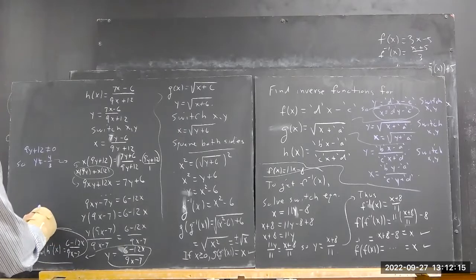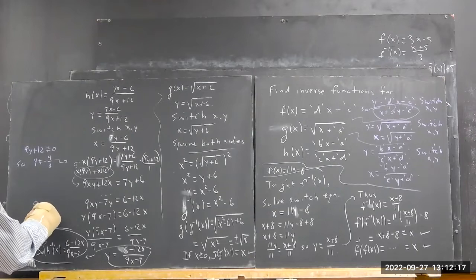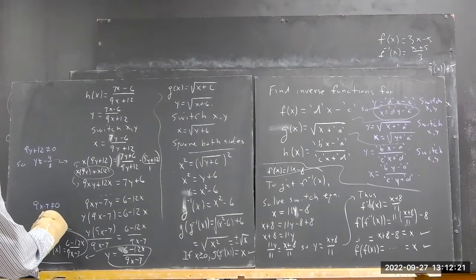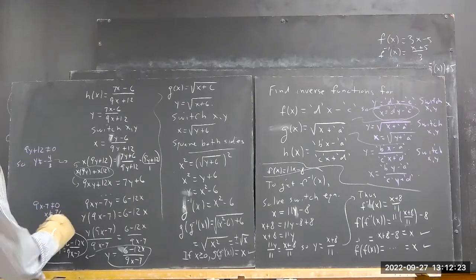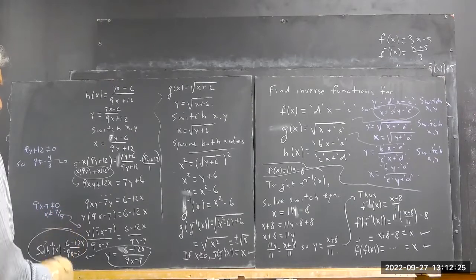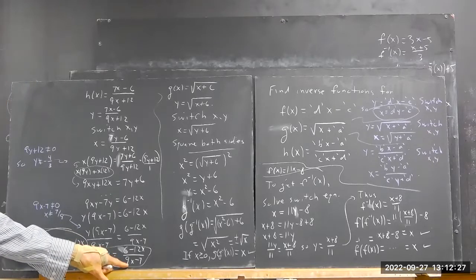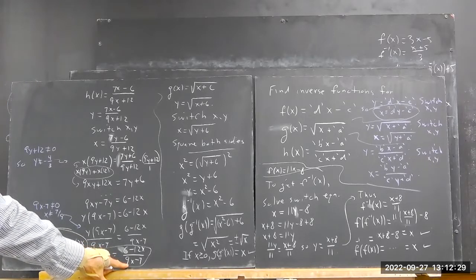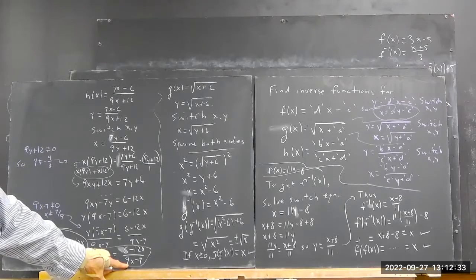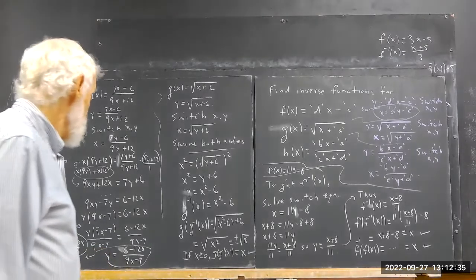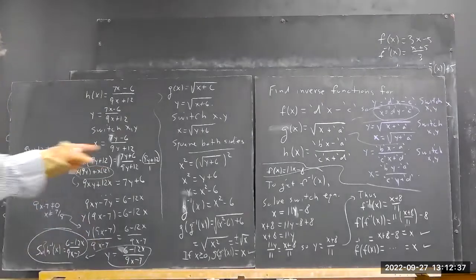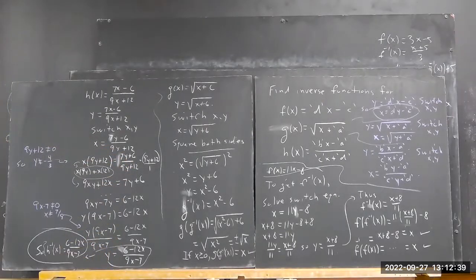So down here we say, well, x can't equal 7/9. And of course, you can just look at this and see that, well, yeah, your denominator can't be 0, so x better not be 7/9. So you want to be careful about multiplying by 0, dividing by 0.